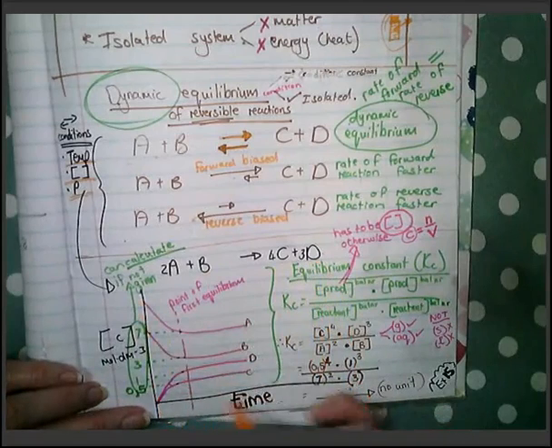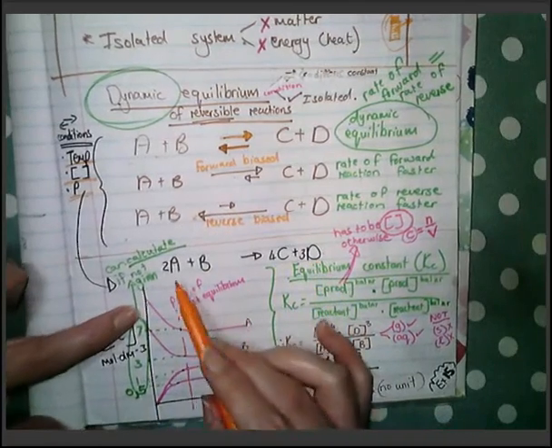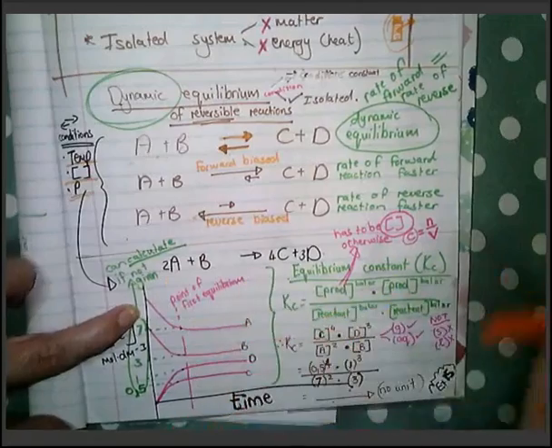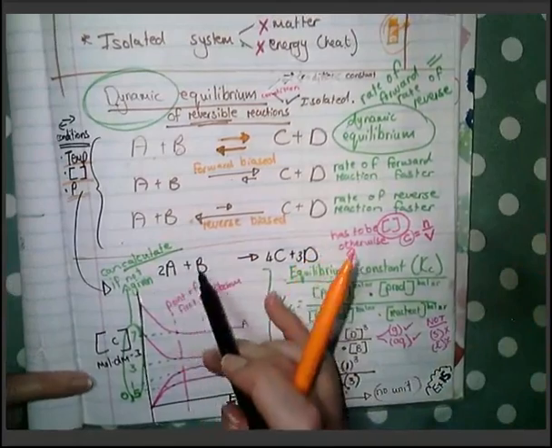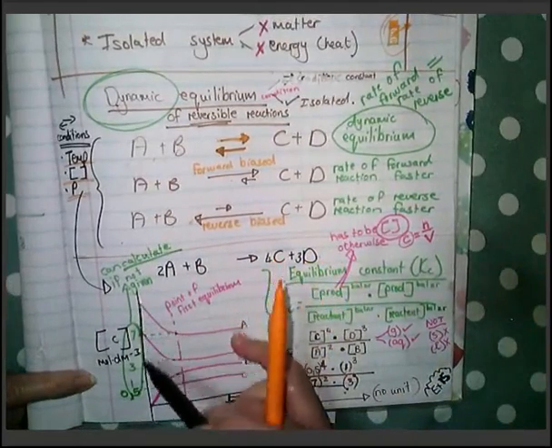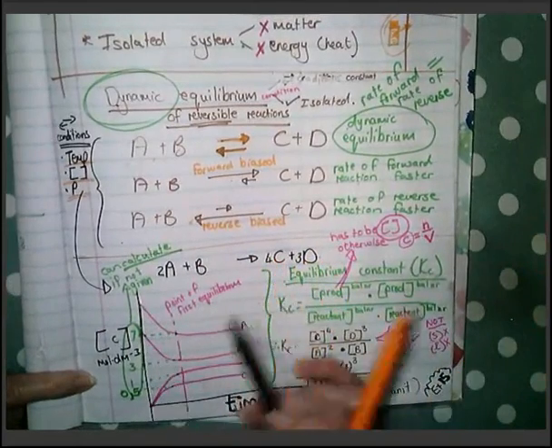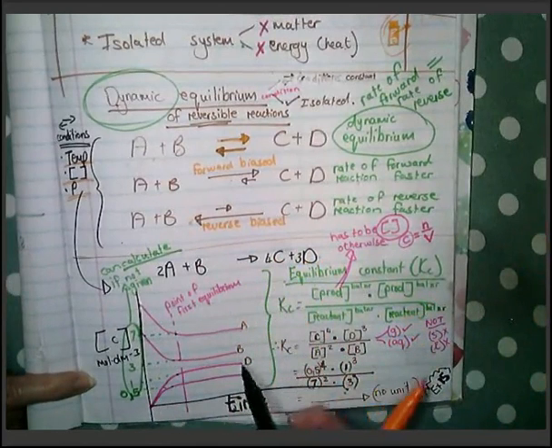Okay. Now, in this graph, what is indicated is that initially, before this reaction starts, we only have A and B in this container, right? C and D hasn't formed yet.